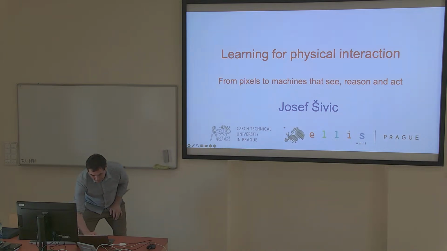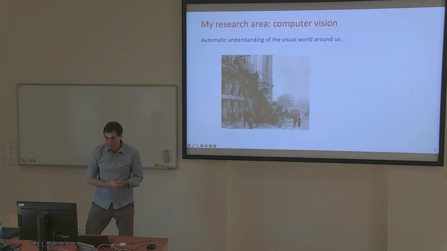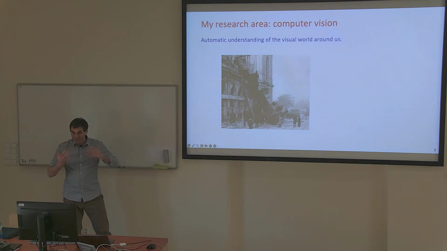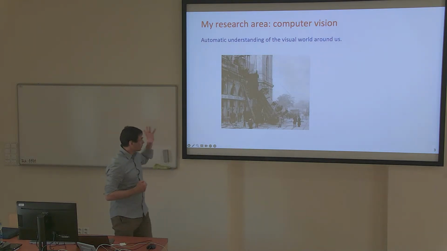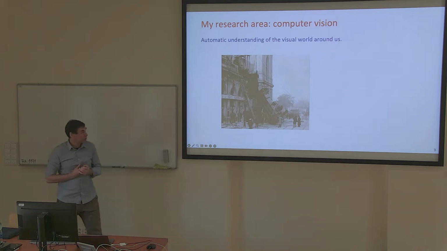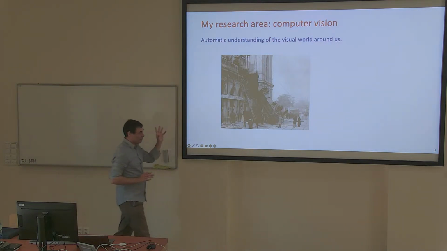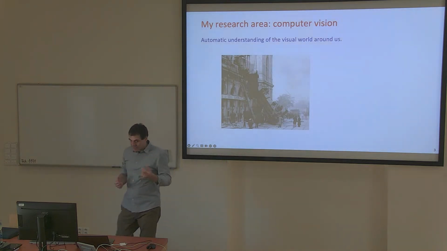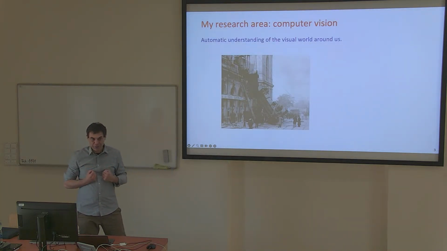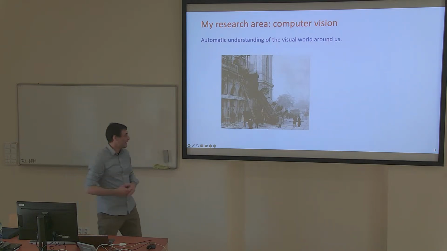My research area, really the background, is in computer vision. And so the goal of computer vision is extracting information from images. Here is an example of a scene which is fairly complicated, but it's to illustrate that our human visual system is very good at this stuff. You can look at this image and understand what has probably happened.